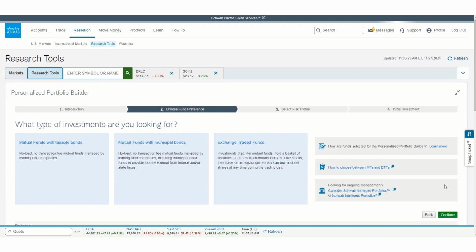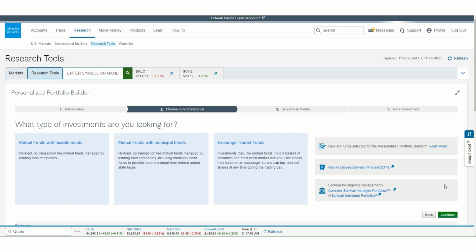The first choice is mutual funds with taxable bonds, mutual funds with municipal bonds, and exchange traded funds. The first time I saw this, I thought I actually had three different choices. What we're really doing here is we are telling the portfolio builder how we want our solution to be presented to us. The first two choices on the left are mutual fund options.